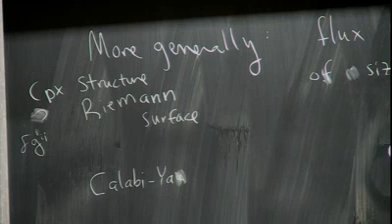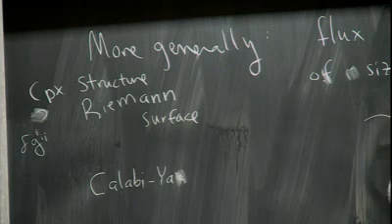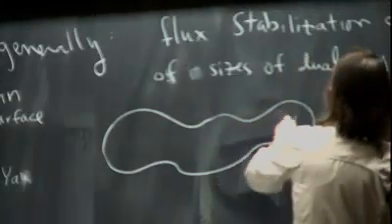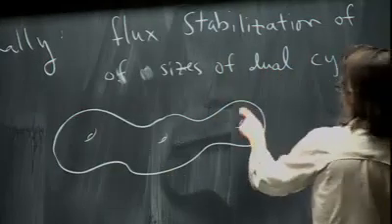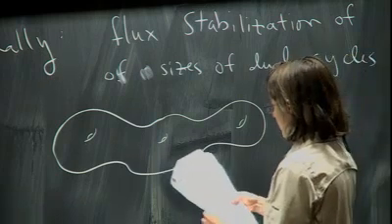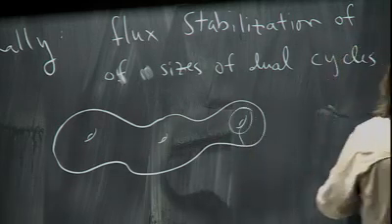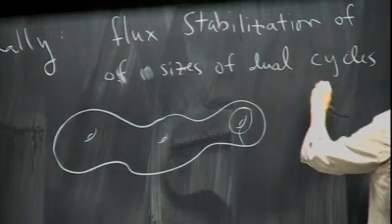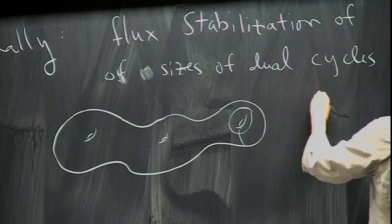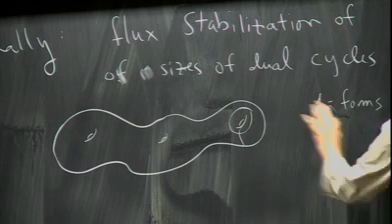So let's just depict this for a Riemann surface because it's easier to draw. In the Calabi-Yau case, everything gets upgraded. So here's a Riemann surface with all these 1-cycles. For a Calabi-Yau, it's a bunch of 3-cycles, and it's essentially the same idea. So there are A and B cycles on the manifold, and we can work with a basis of 1-forms. We'll be interested in two kinds of basis of 1-forms in the Riemann surface case.